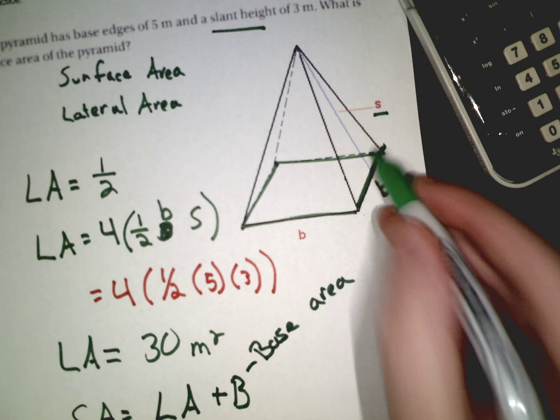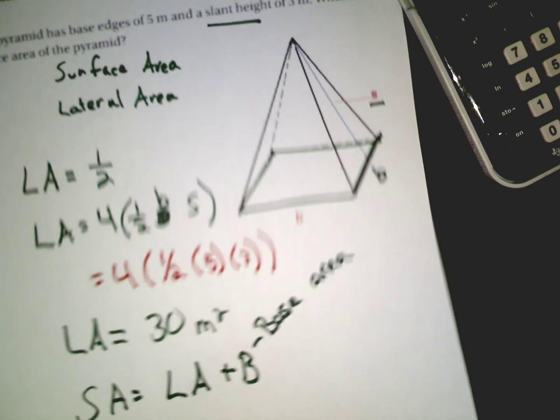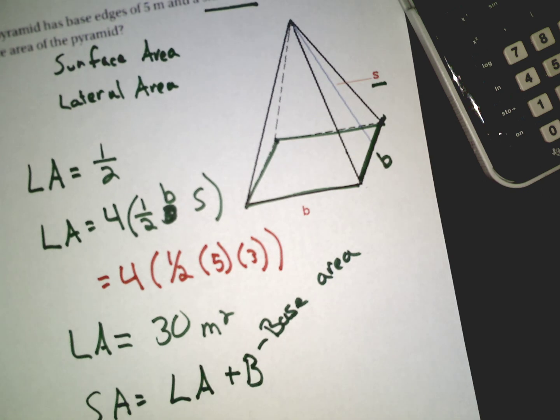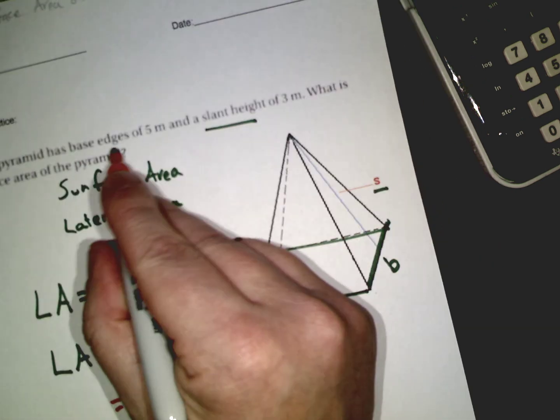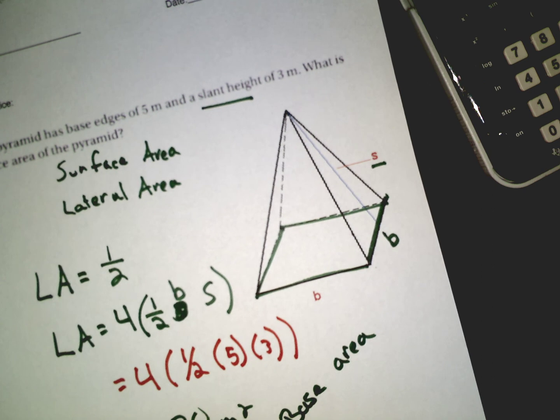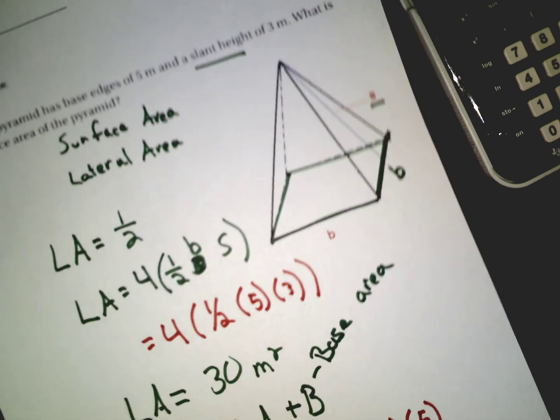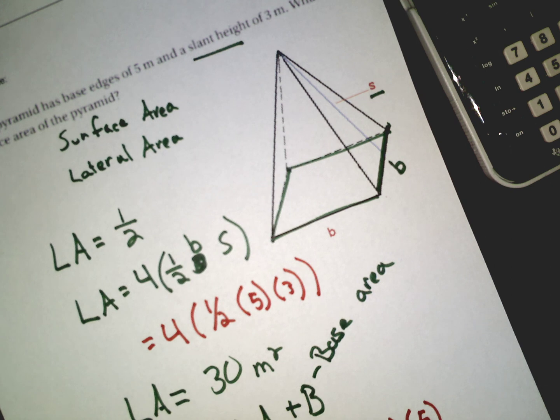So I have to find the area of this square, which is not the biggest deal. The lateral area, I already know, is 30 meters squared, plus that base area, which is b times b. In our case, b is 5. 5 times 5, base times height, is 25.